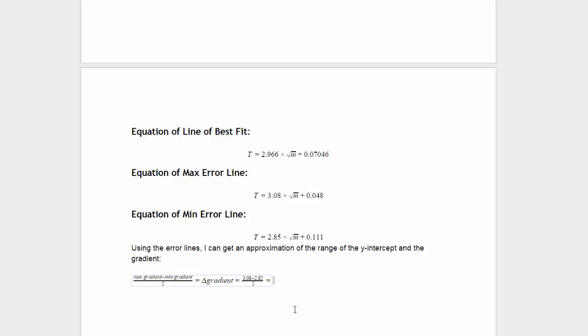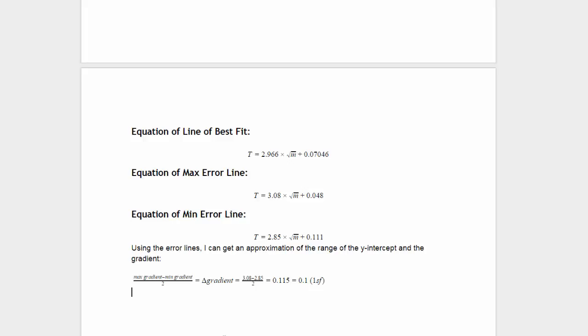That's 0.15 plus 0.08 is 0.23 over 2, so it's 0.115, which is equal to 0.1 to 1 significant figure, which is what we want in an uncertainty.